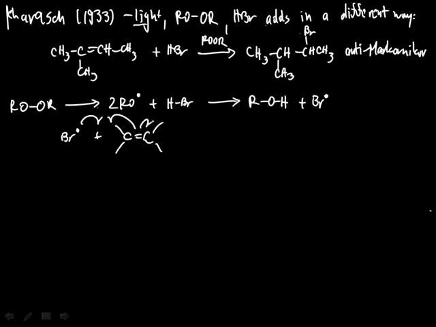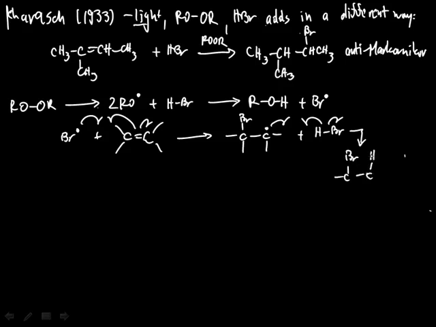This is a standard radical mechanism. But in this case, the resulting radical will now react with another molecule of HBr to abstract the hydrogen and to get us to the final product.